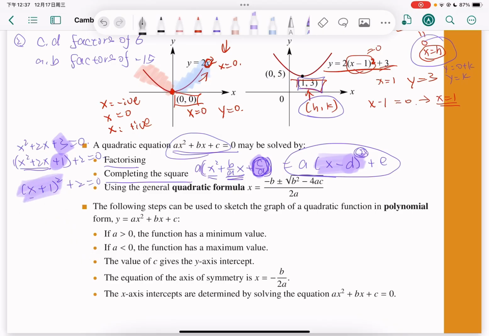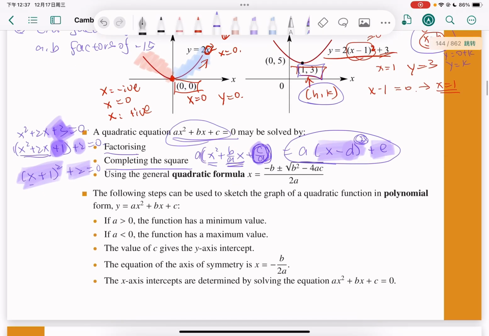Because we have a plus 3 and we use plus 1, we are left with plus 2. And this e over here represents the plus 2. And a is equal to 1. So that's called completing the square.